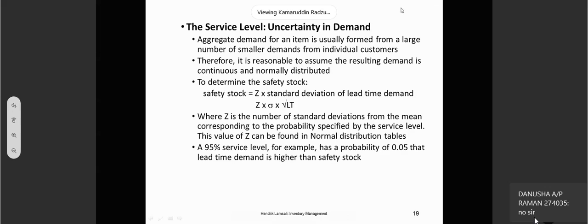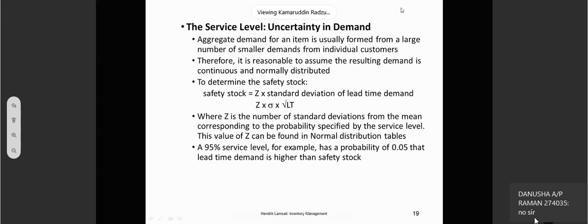So, in order to mitigate the issue with the uncertainty in demand, we need to have a safety stock to buffer the requirement of inventory at the high demand from customer.